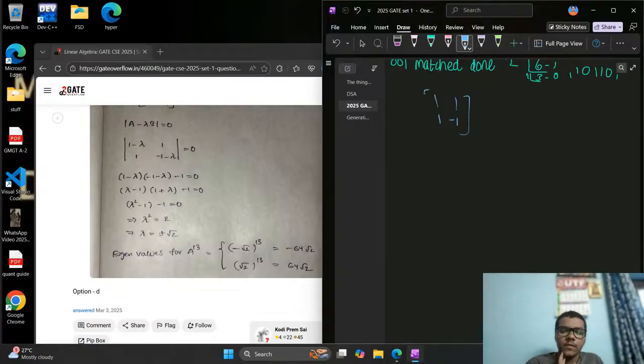1, minus 1. This is the matrix. 1 minus lambda, minus 1 minus lambda. Get the characteristic equation, minus lambda square plus lambda into trace, that is 0.